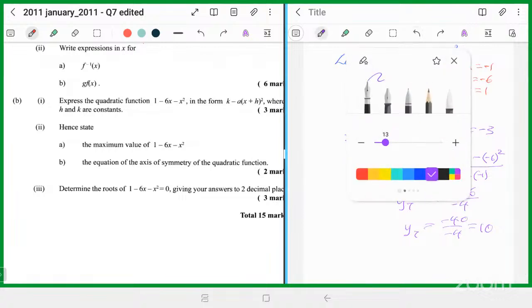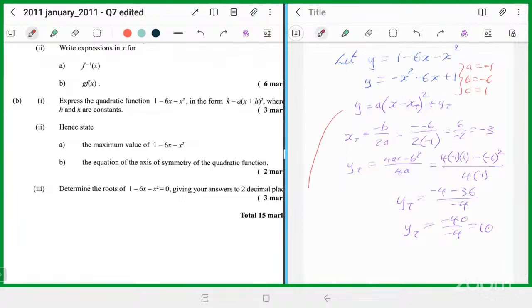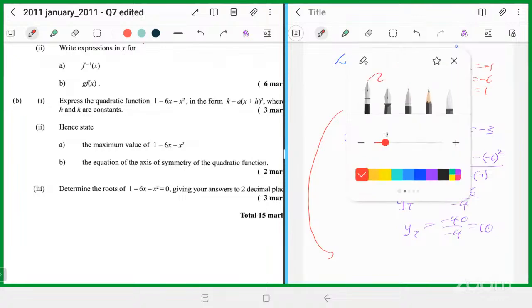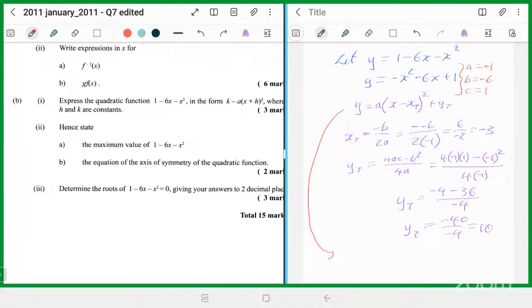But now you know the xt and yt, you can plug them in, and so this expression up here becomes y equals, the a is -1, -1 bracket x minus this -3. Minus minus becomes a +3. Don't forget your square.